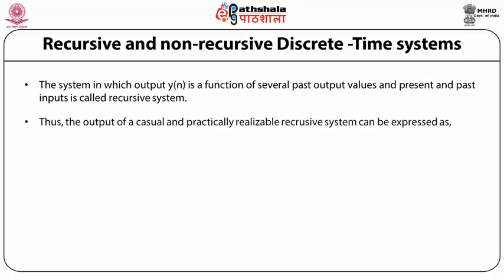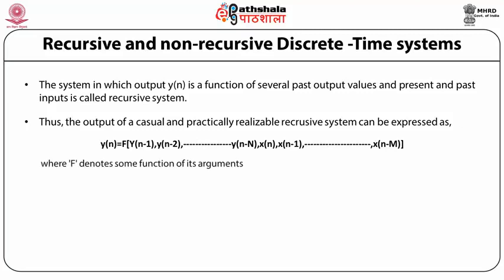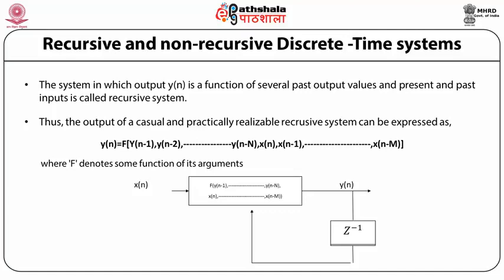Thus, the output of a causal and practically realizable recursive system can be expressed as y(n) equal to F of y(n minus 1), y(n minus 2) and so on till y(n minus N), comma x(n), x(n minus 1) and so on till x(n minus M), where F denotes some function of its arguments. Now we can represent this mathematically, that is x(n) is applied to the F operator and we get y(n), which is fed back through z minus 1 to the same F operator.